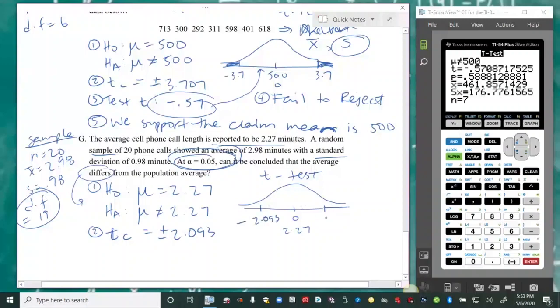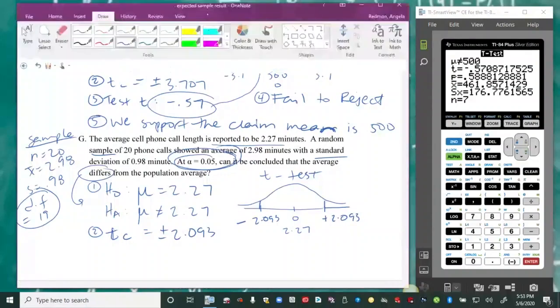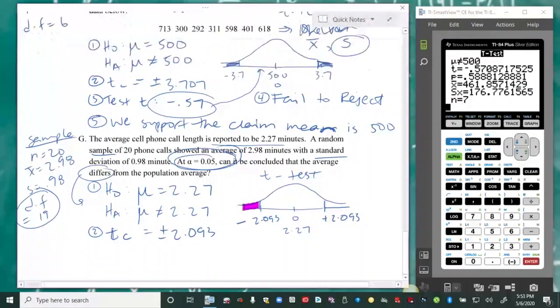Okay, so those are my 2 rejection regions. I'll reject if I am more than 2 standard deviations away, and I will fail to reject the null hypothesis if I'm not.